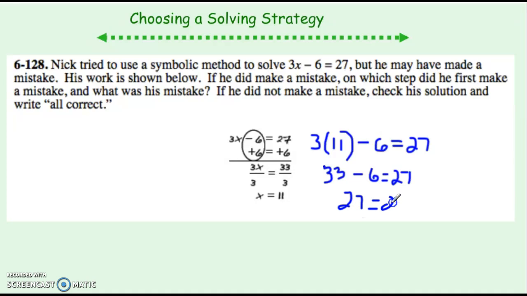So that is correct. So you'll write all correct for your answer. All right, so make sure you have all of that work on your paper if you don't already. That says all correct. I hope you can read that.